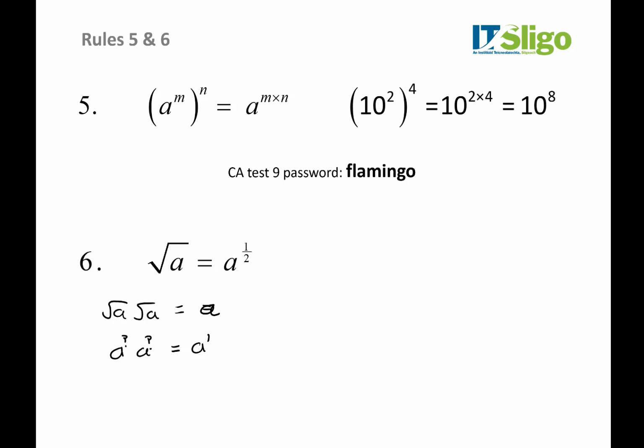Now, because of rule 1, I'm multiplying these values. So now it will be a to the power of 2 question marks is equal to a to the power of 1. And because the bases are the same, 2 question marks is equal to 1. So the question mark, usually I'd call it x, has to be a half.